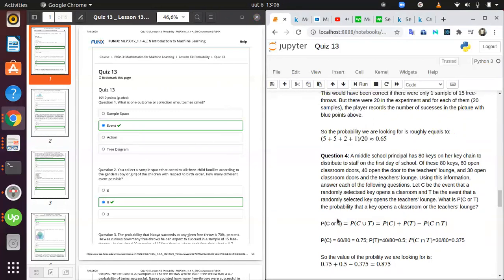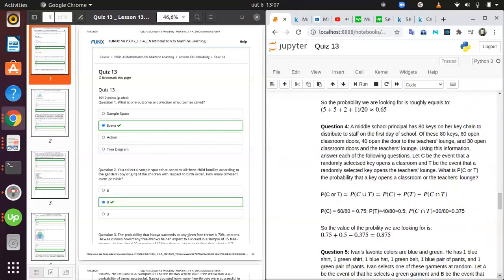Hang on, let me read. A middle school principal has 80 keys on her keychain. Okay, yes, I read this. So, okay, I understand the first line. So P of C or T. Okay, I remember I saw this one. I was solving this one. Probability of C union T. Okay, yes, I got this. So 60 divided by 80 is 0.75.